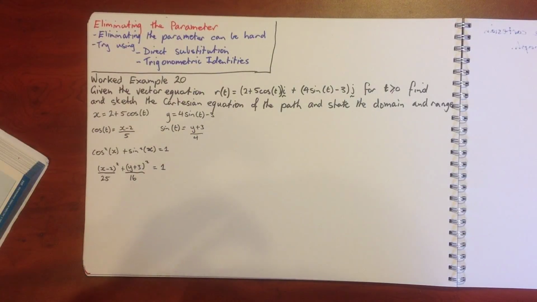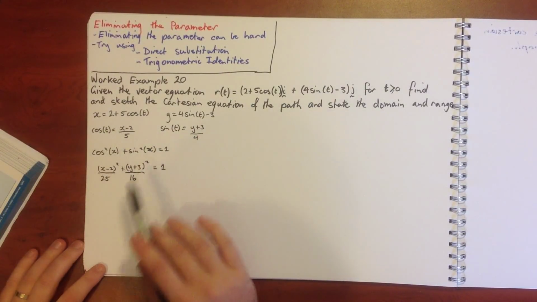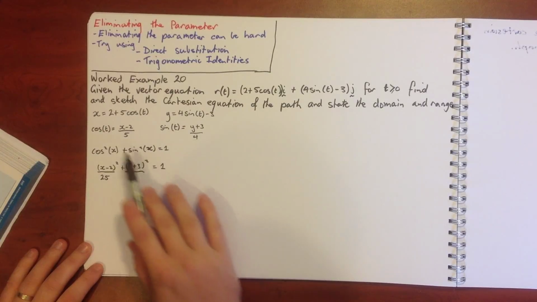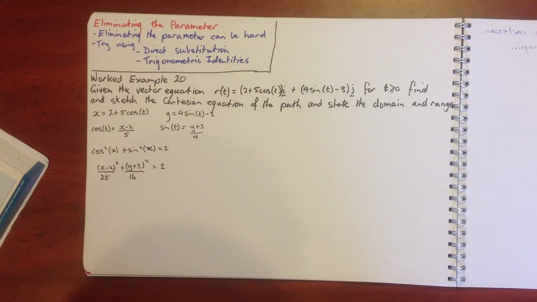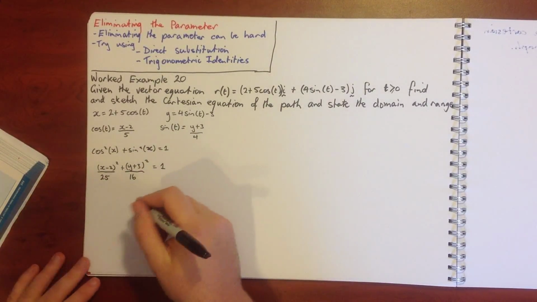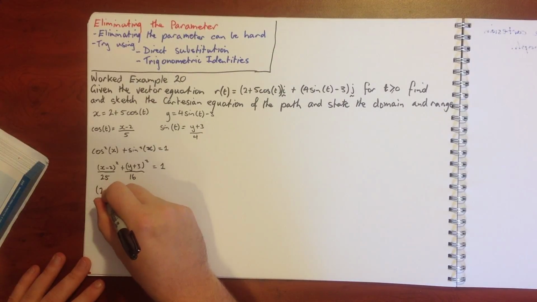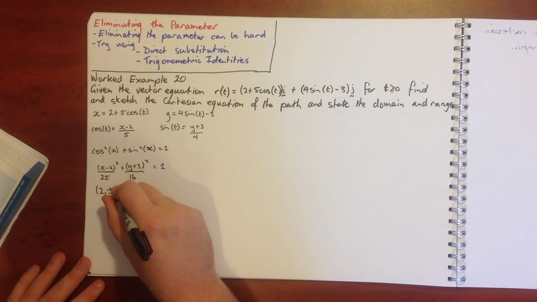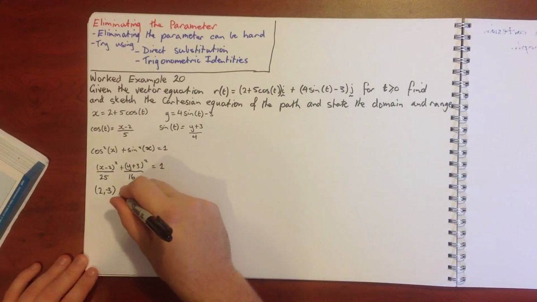Okay, so you can see that we used our little identity there to square both of these things, and now we have an ellipse with a centre at 2, minus 3, sorry, will be our centre.